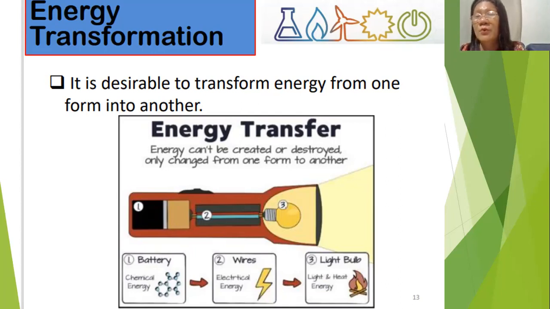Then later on, once we need electricity, this is distributed to the different houses, to the different factories, the ones that will be using electrical energy. So electrical energy, the light turns on.